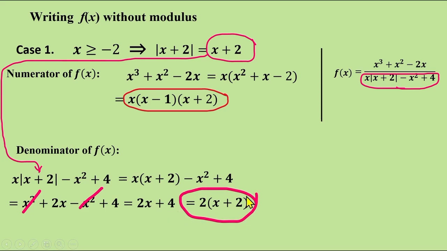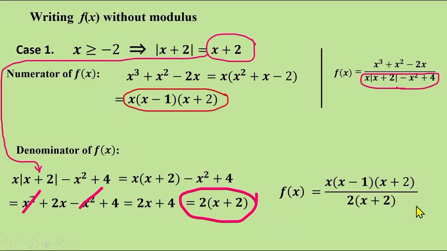At this point, we can write function f of x for the case x greater equal -2. We will not cancel x plus 2 at this moment, because this term can be equal to 0 at point x equal -2. For this reason, we need first to find domain of f(x) for the case 1.